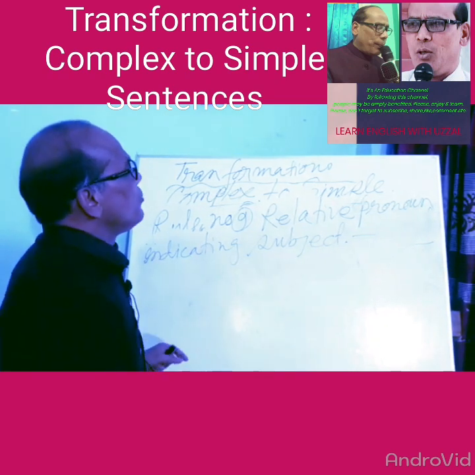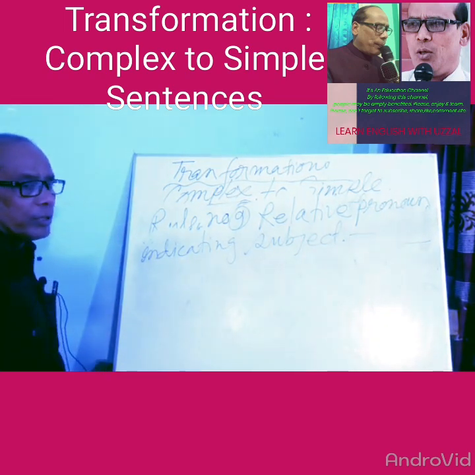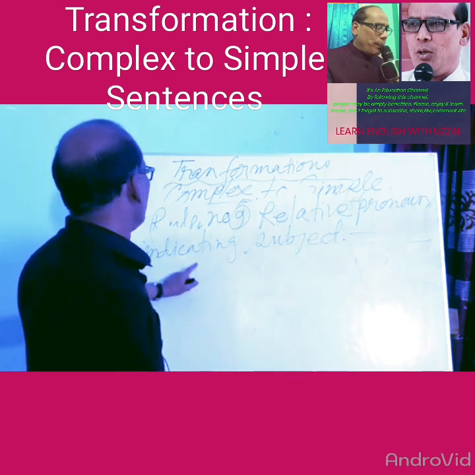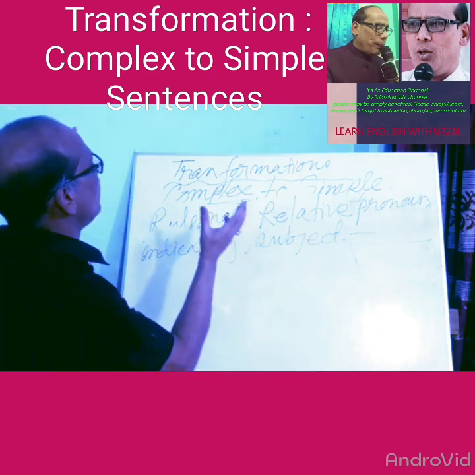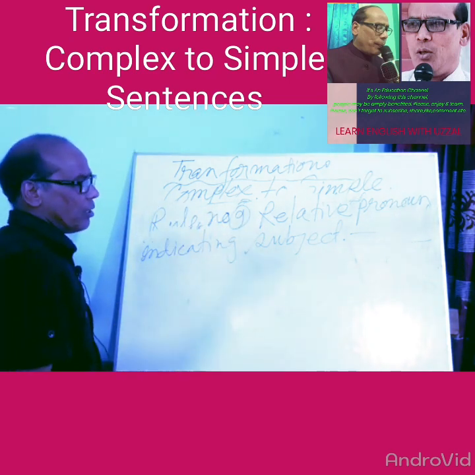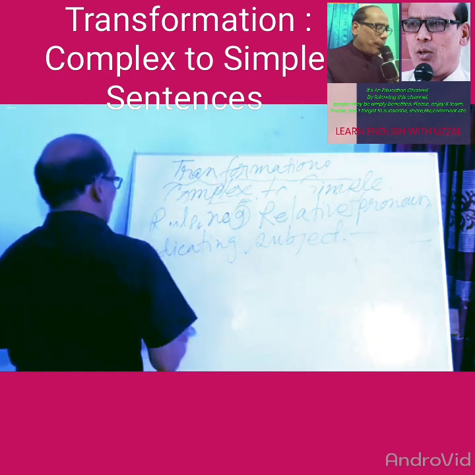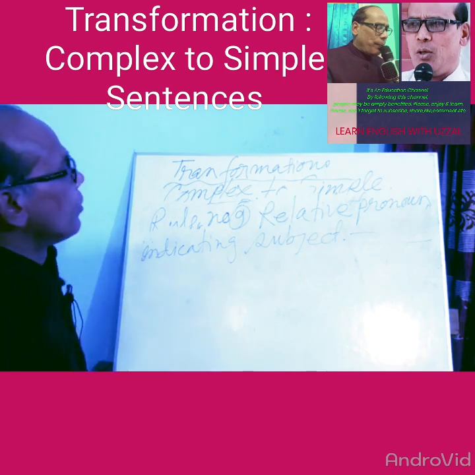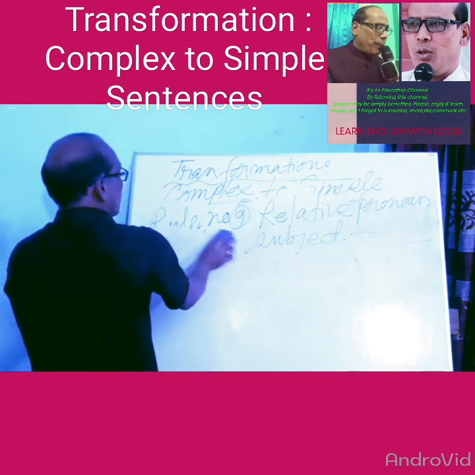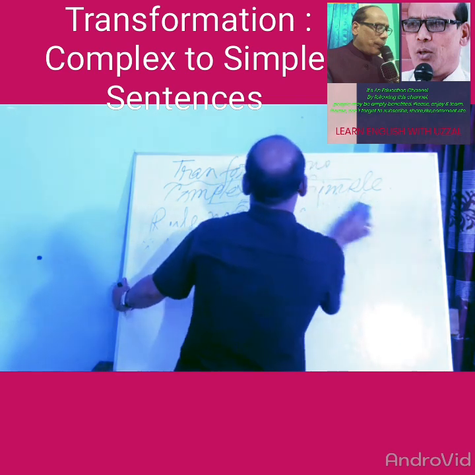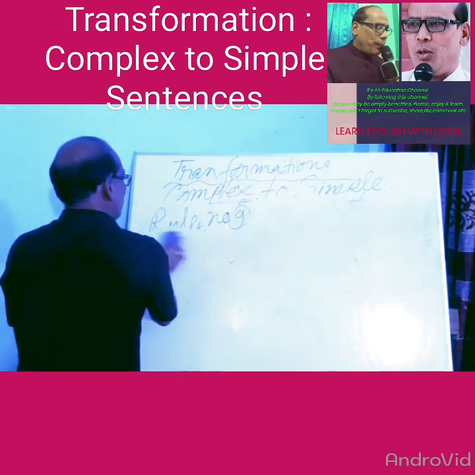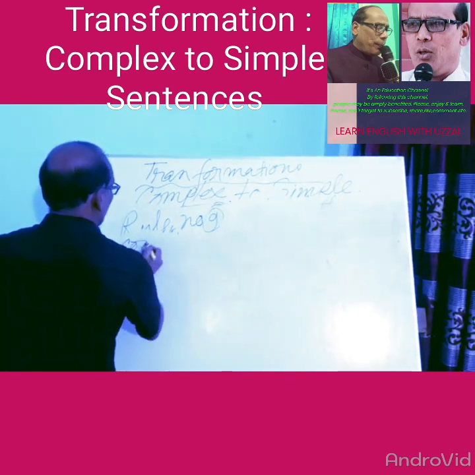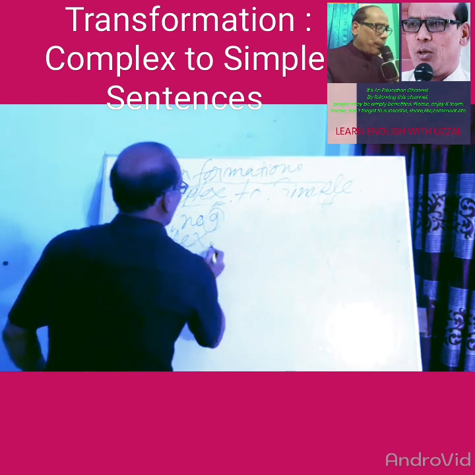The rule seems to us very difficult, but when I give you an example, it would be very clear. When the relative pronoun acts in favor of the subject, we'll have to omit the relative pronoun and also the to be verb. Here, let me give you an example. Complex.